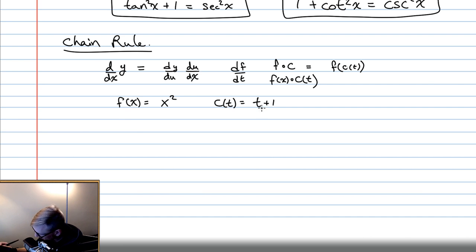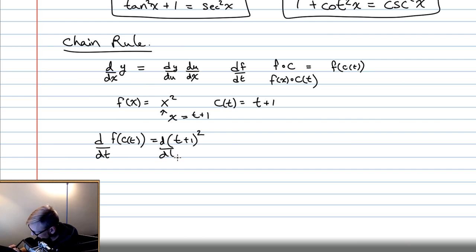You plug the c of t function into f, so everywhere there is an x, you plug in t plus 1. So f of c of t is equal to (t plus 1) squared. Now we want to differentiate this with respect to t. This gives us 2(t plus 1).